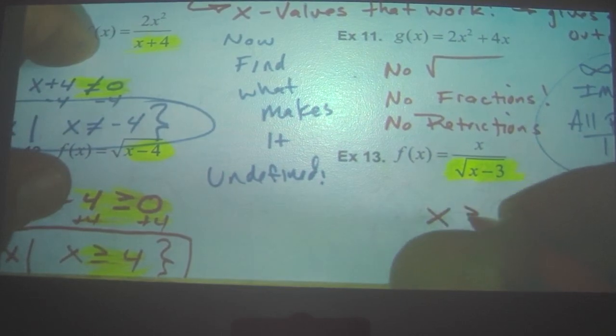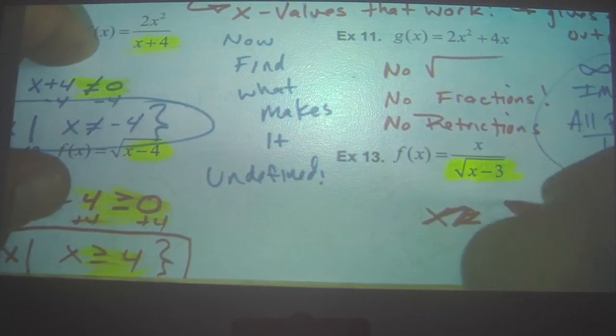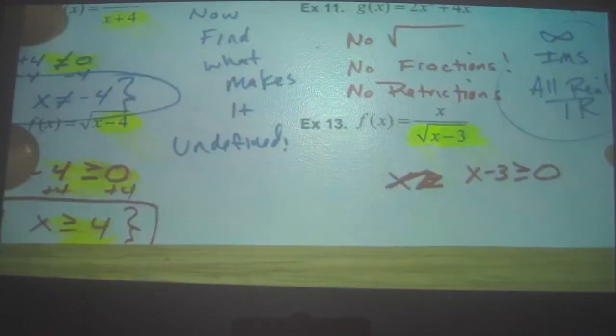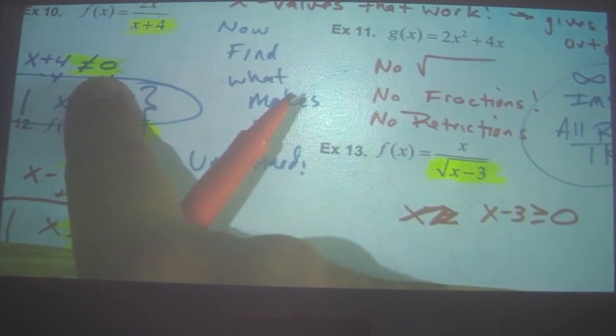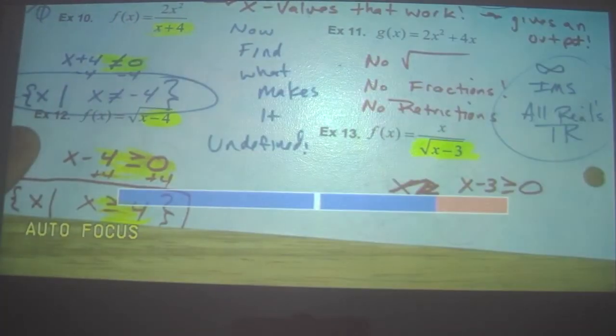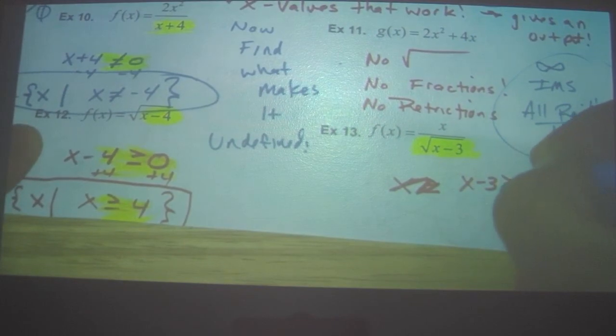It can be positive or 0. Let me rewrite this. So x minus 3 is greater than or equal to 0. Okay? That's from this one, right? But it's also in the denominator, and the denominator says it can't be 0. So the denominator kind of overrides this equal to sign. And we got to get rid of that.